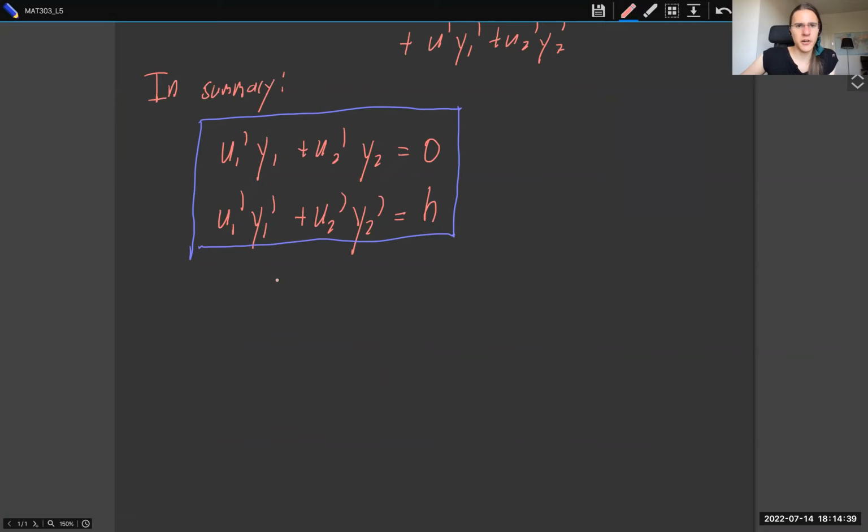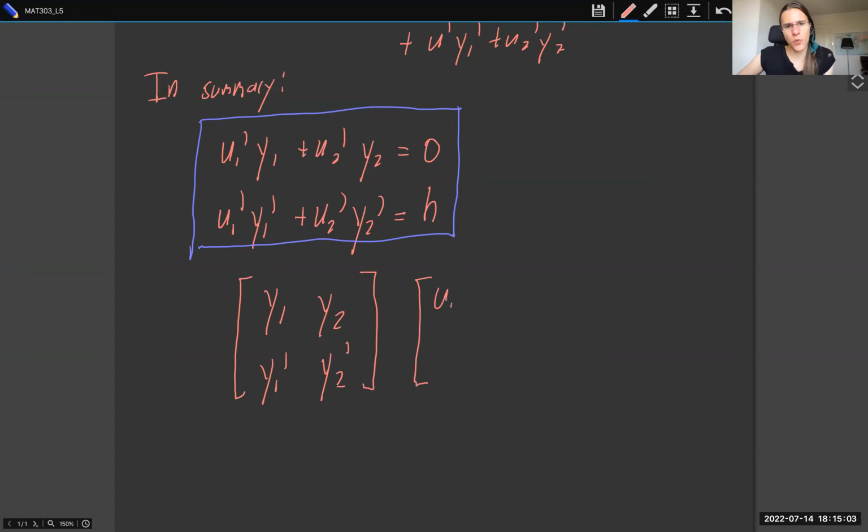So I can consider the matrix y1, y2, y1 prime, y2 prime, and the vector u1 prime, u2 prime. And this gets sent to 0 and h.